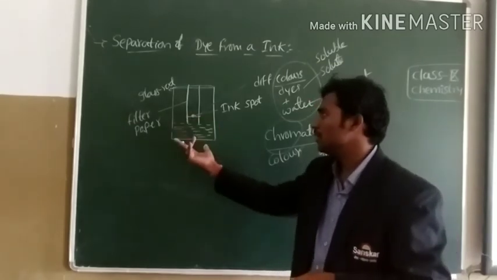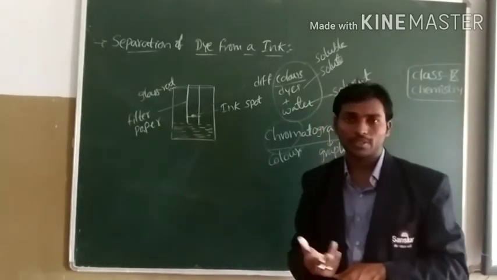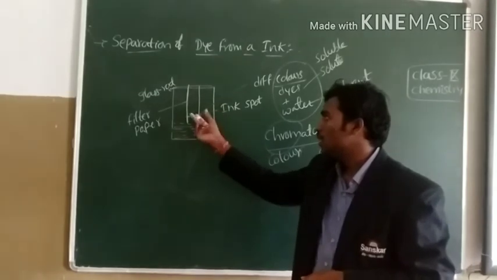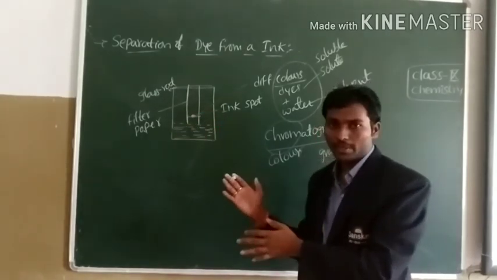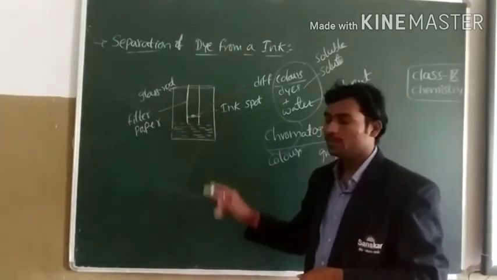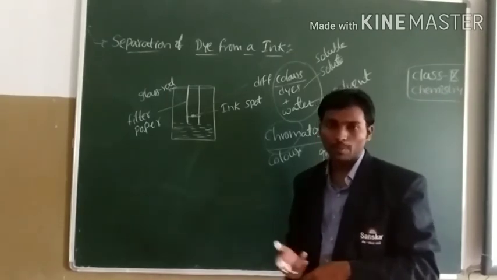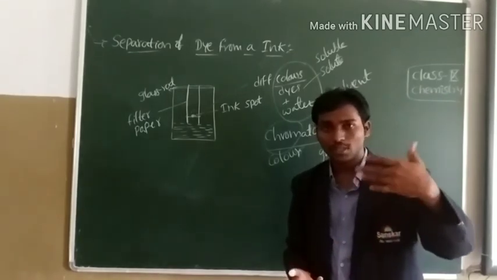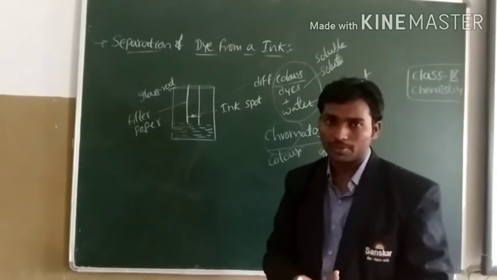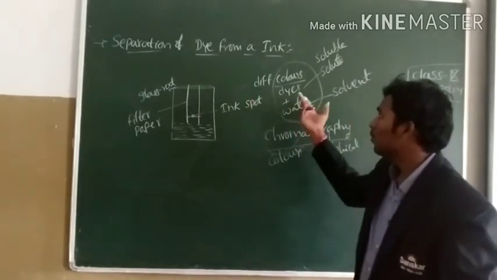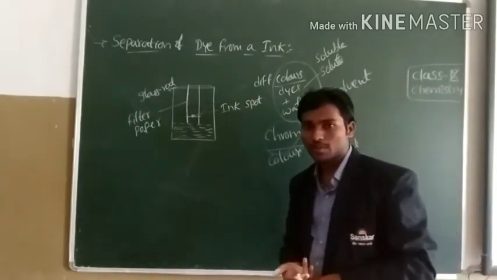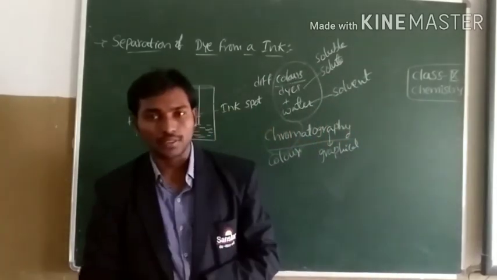This comes under paper chromatography, because with the help of filter paper we get separated components of the mixture. In higher classes you can learn the types of chromatography. So this is the way we can separate dyes from ink by the chromatography technique.